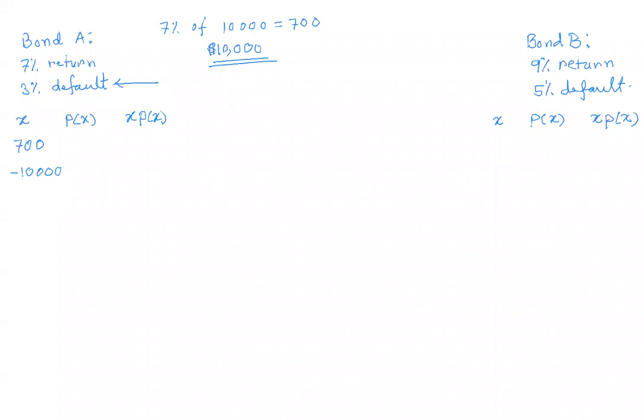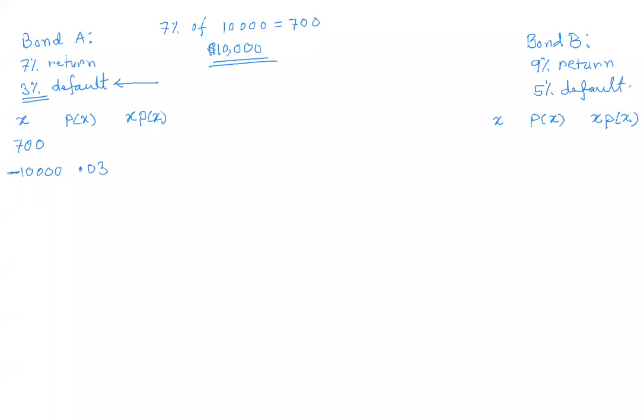Now, what are the chances that they will go out of business? That is indicated by the default rate, which is 3% or 0.03. So that's the probability that they will go under and you will lose $10,000. 3% chance that they will be out of business means what percent chance that they will be in business?